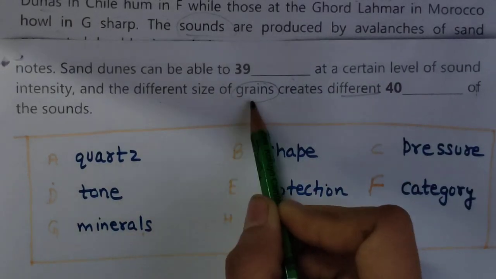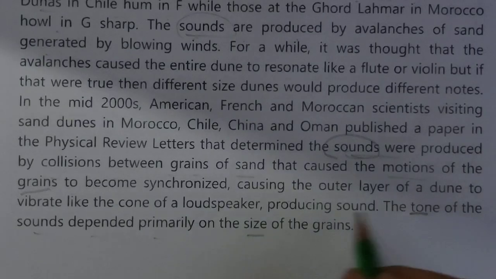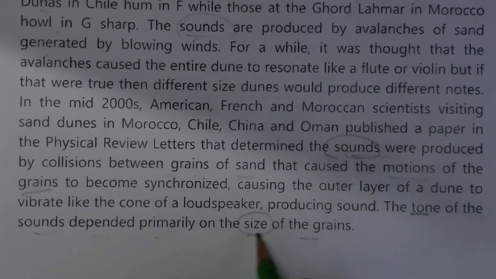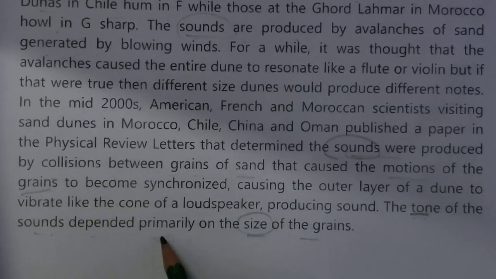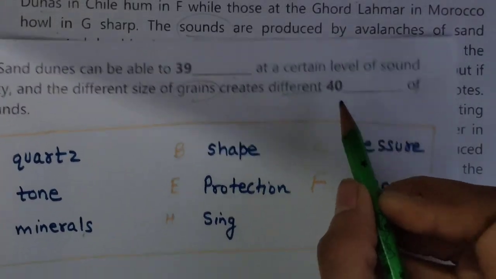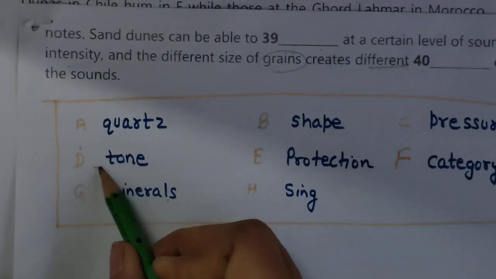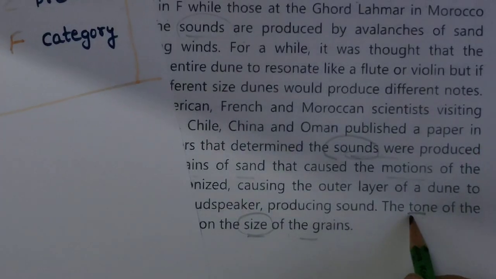And the different size of grains is not given over here. You can see the tone of sounds depended primarily on the size of grains, means the tone of the sound depends primarily on the size of grains. So you can see this different sounds, different tones, the tone of sound, the same word was given here, tone.